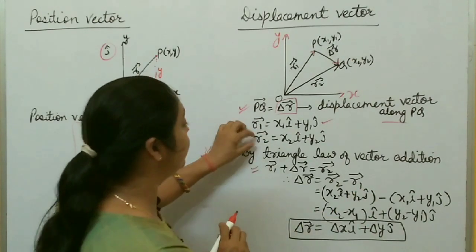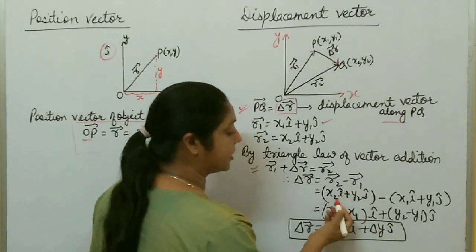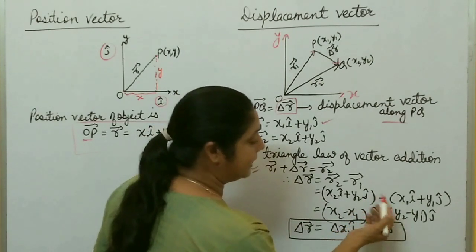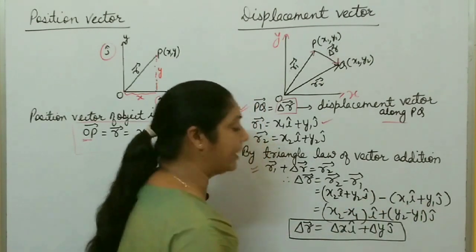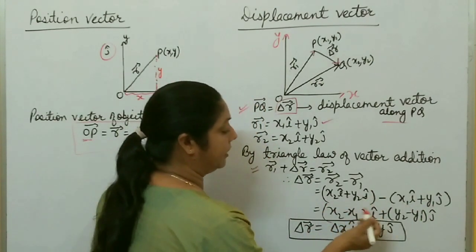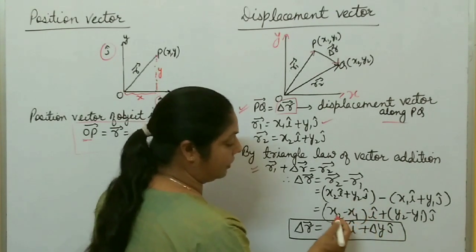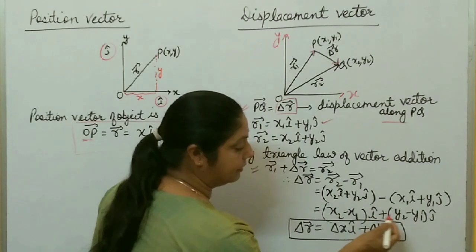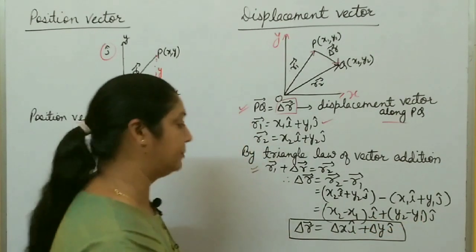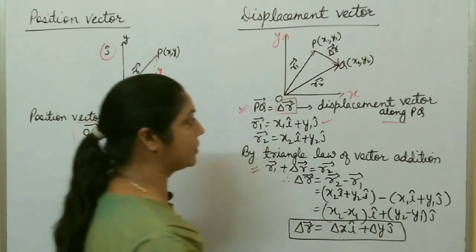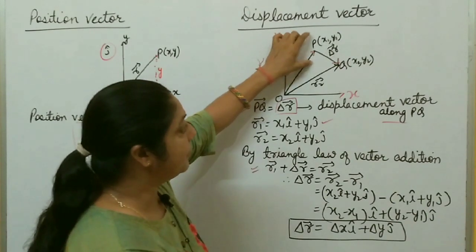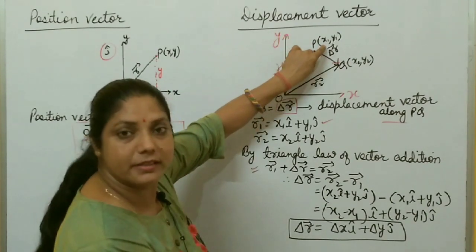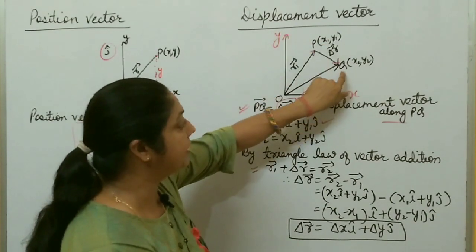You put the values of r1 and r2 here. r2 is x2 i plus y2 j minus r1, which is x1 i plus y1 j. Taking the i unit vector along one side, this becomes (x2 minus x1) i plus (y2 minus y1) j. What is this x2 minus x1? At point P, the coordinate along the x-axis is x1 and at point Q it is x2.